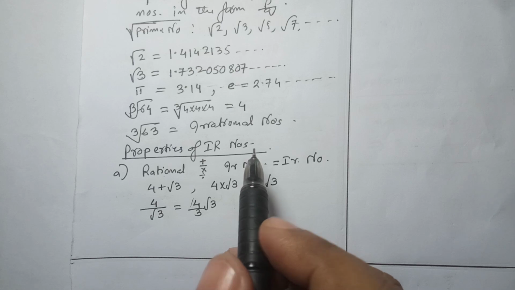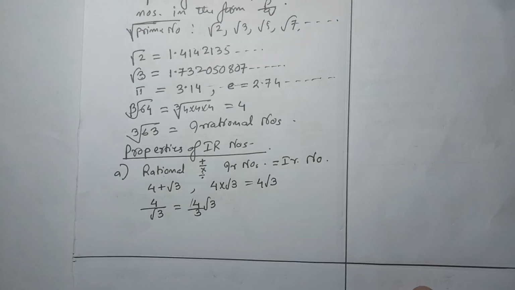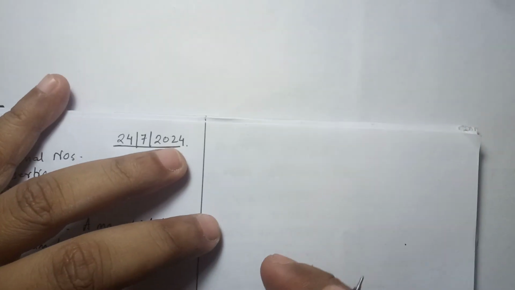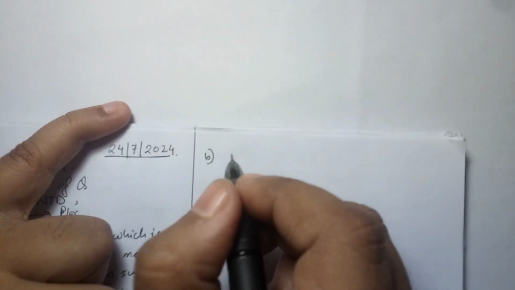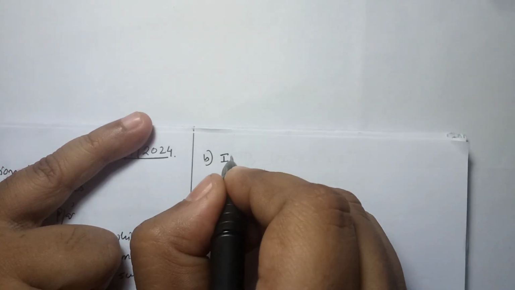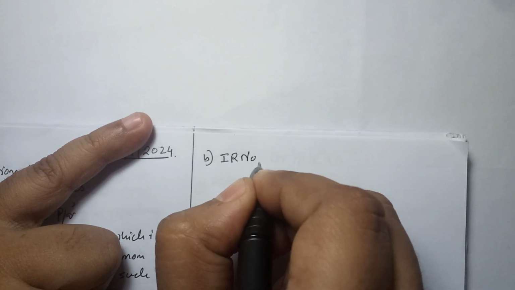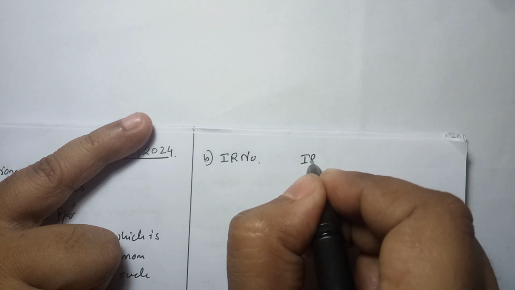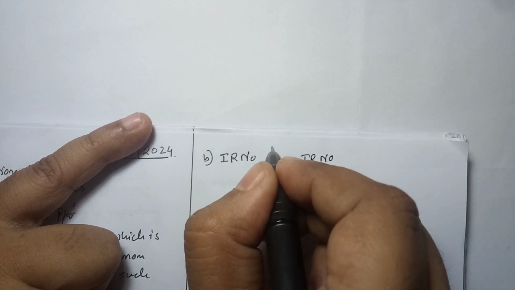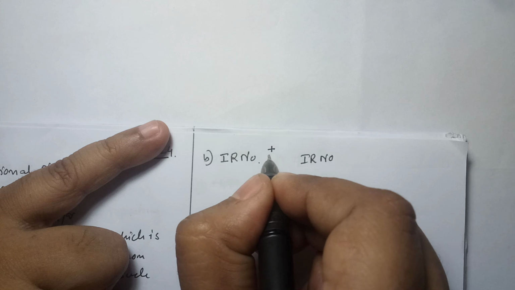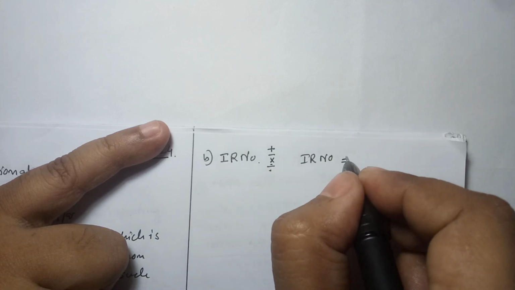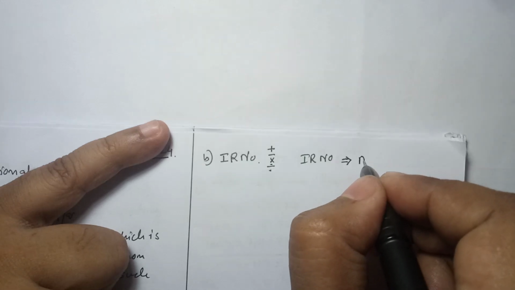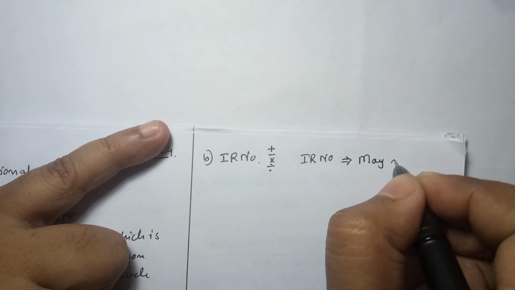However, if we operate two irrational numbers, plus, minus, into, divide, then the resultant number may not be an irrational number.